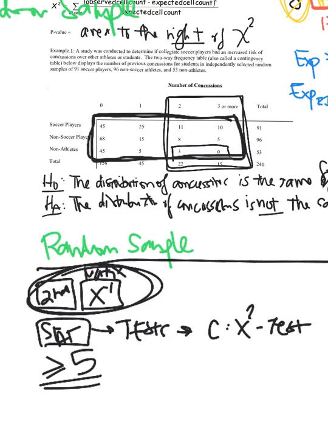Because contextually it makes the most sense to combine 2 and 3 or more to be 2 or more. You could possibly combine these two, non-soccer players and non-athletes, but I think it makes more sense to do it this way.